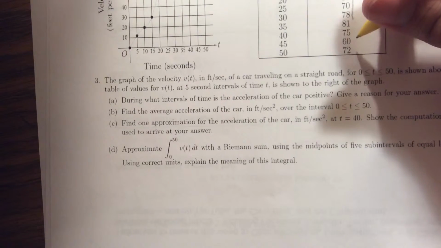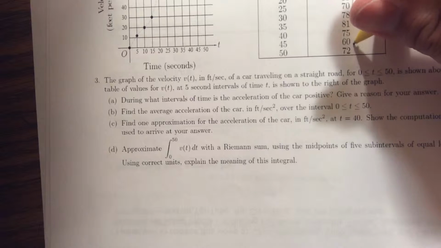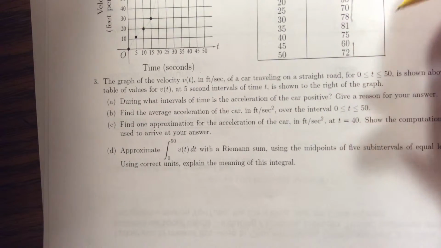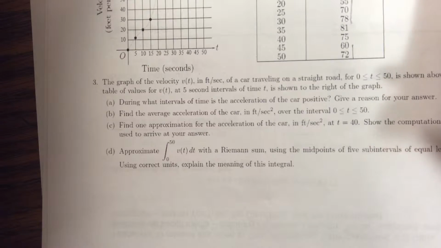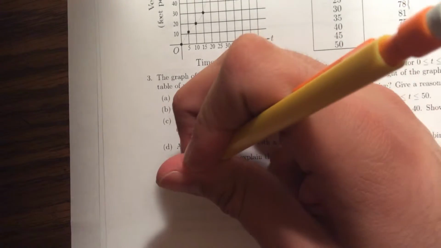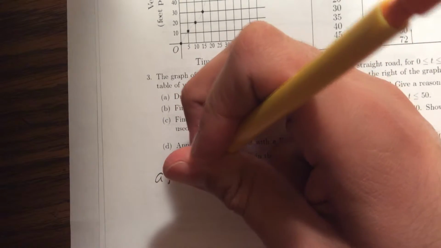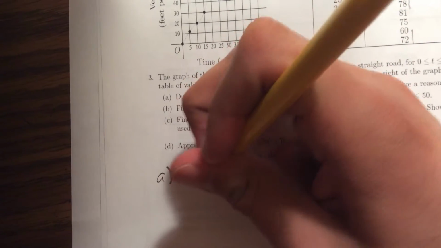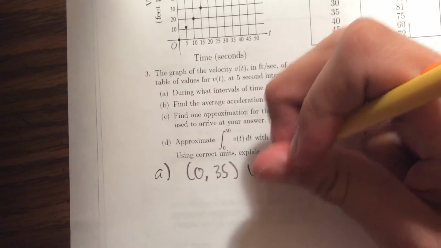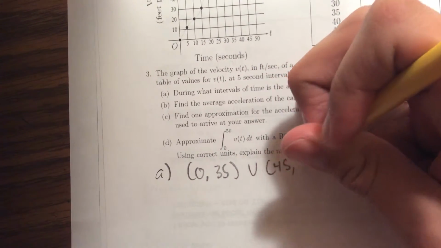It also starts to increase from 40 to 45 to 50, sorry. So that's our answer for A, from 0 to 35, union 45 to 50.